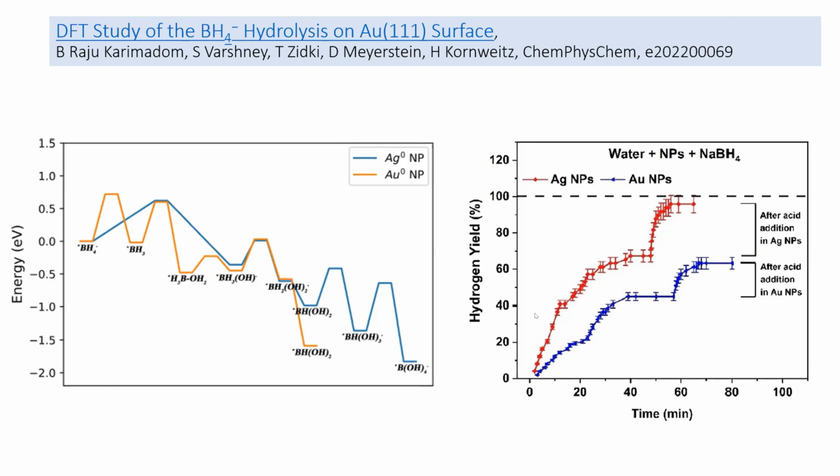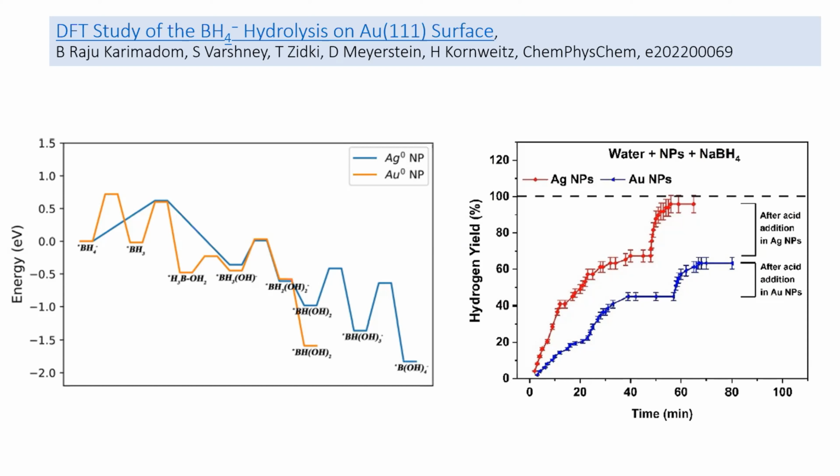First of all, here the hydrogen yield is measured as a function of time when silver nanoparticles and gold nanoparticles are used as a catalyst.